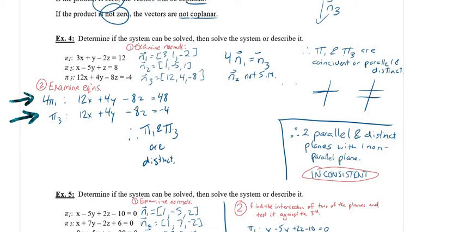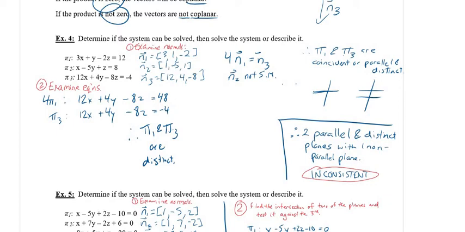So to do that, I've taken plane 1 and I've multiplied it by 4. So now the equation of plane 1 reads as 12x plus 4y minus 8z equals 48. Now if we compare the D values, we have 48 and we have -4, which means that those are not the same plane, which means that they are parallel and distinct.